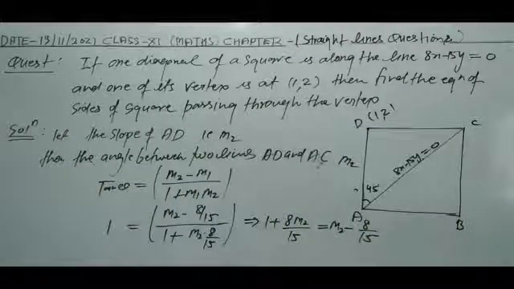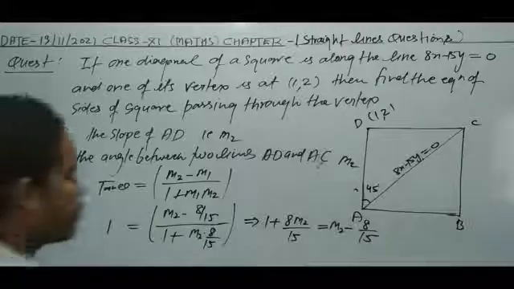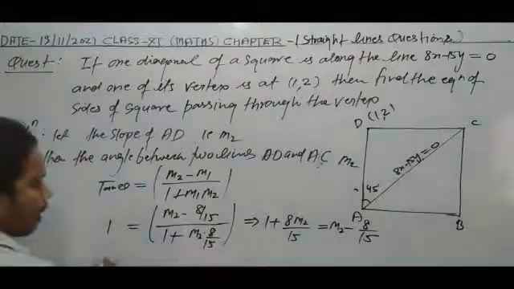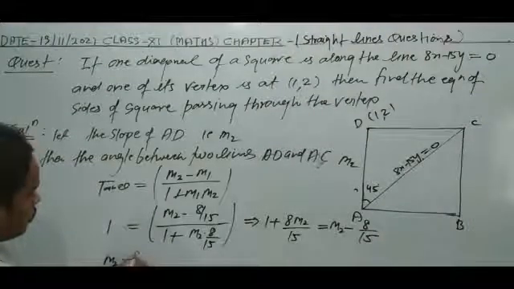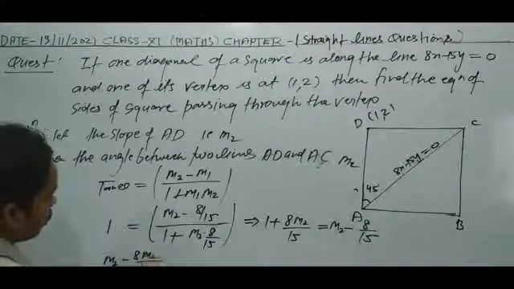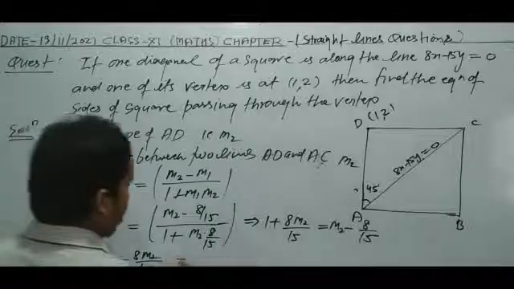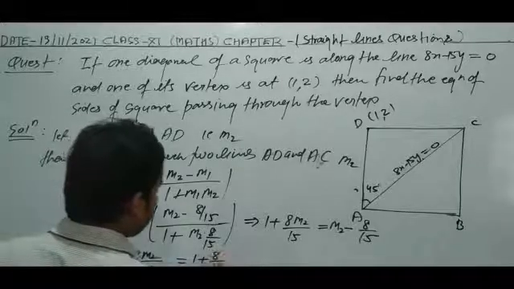And the result will be m2 minus 8 m2 by 15 is equal to 1 plus 8 by 15.